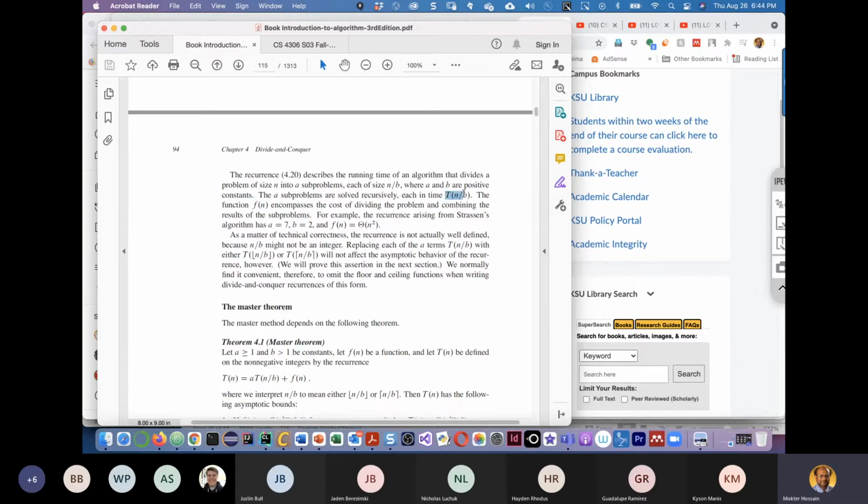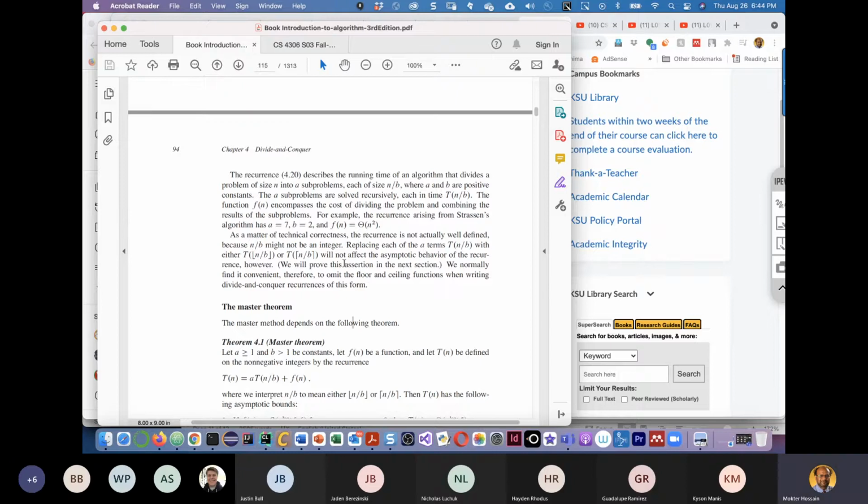So the total time will be a times T(n/b). And f(n) denotes the time required for splitting the problem and combining the results.